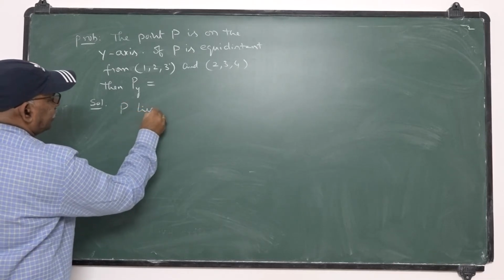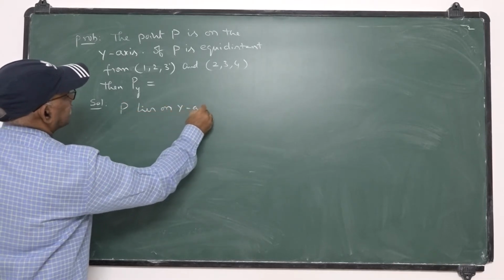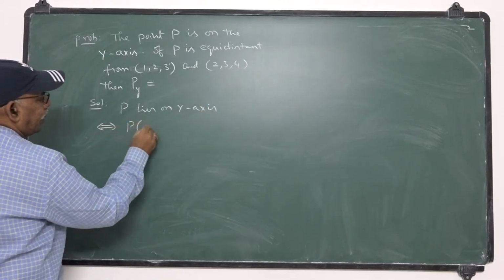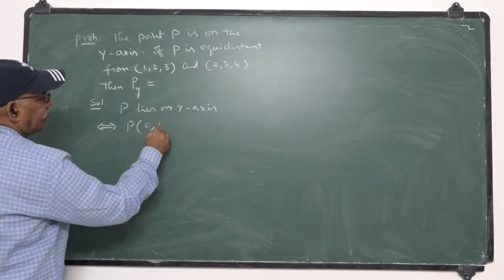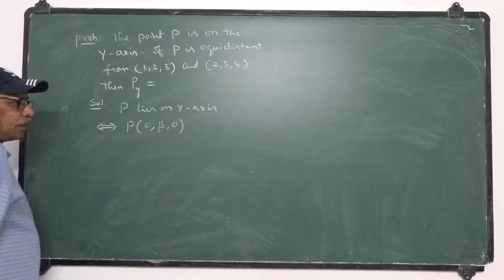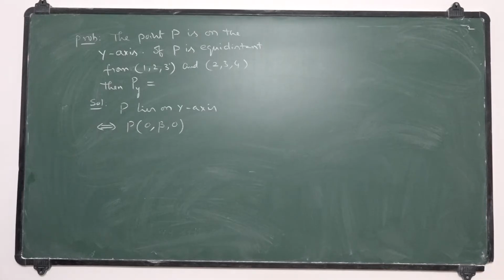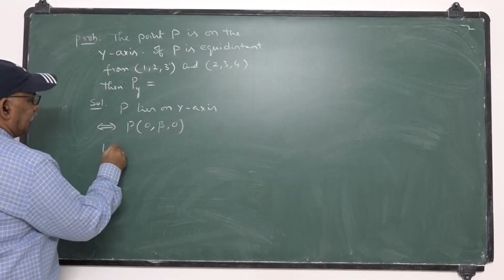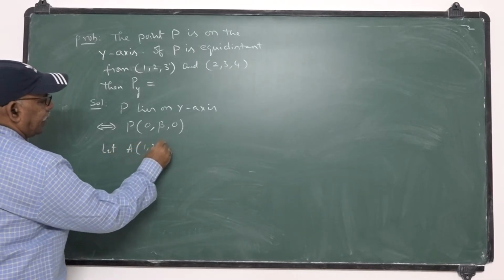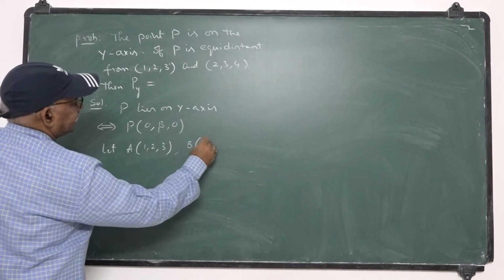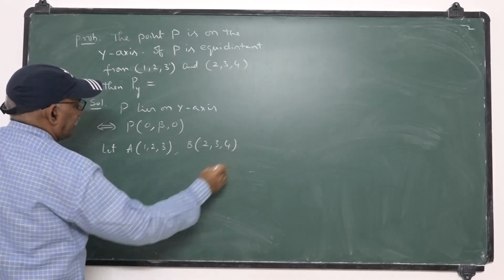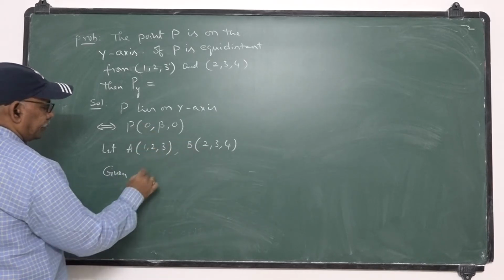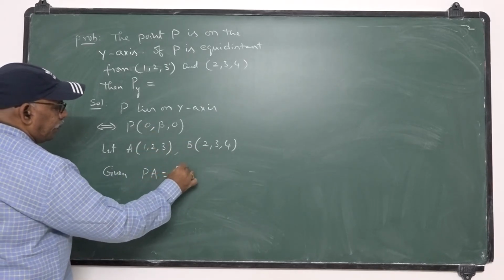P lies on the y axis. That implies P may be considered as 0, beta, 0. On the y axis, x and z coordinates are 0. Let the given points be A and B. Given P is equidistant from A and B, that is PA equals PB.